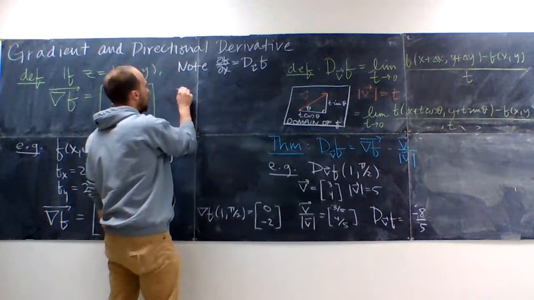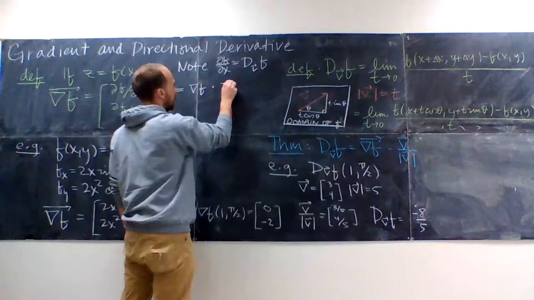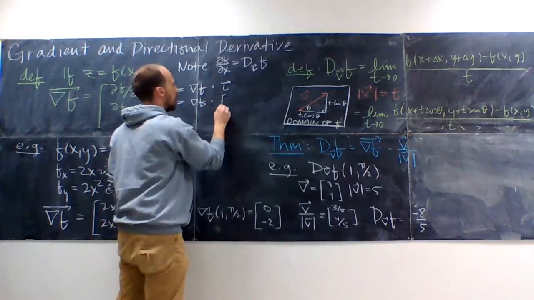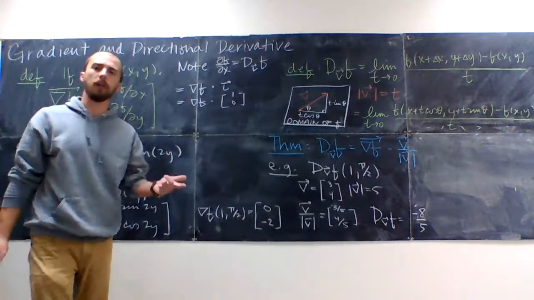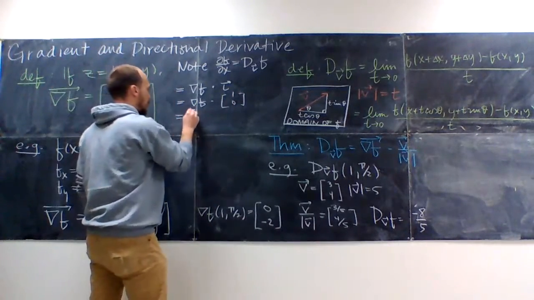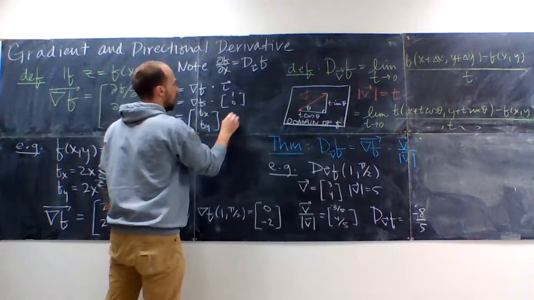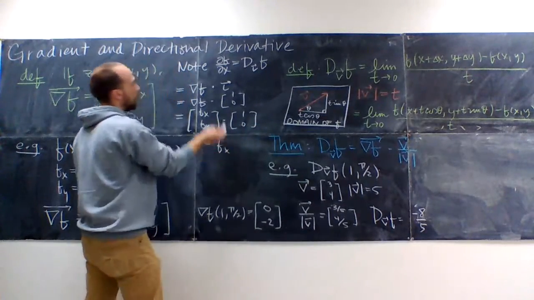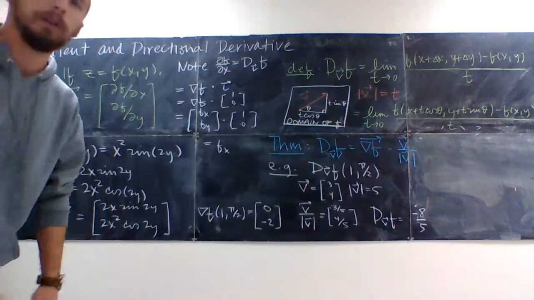So it equals gradient of f dotted with i, or dotted with 1, 0. But I know what the gradient of f is. I can also write that as fx and fy dotted with 1, 0, which is just going to be fx, which is the same thing as df dx.